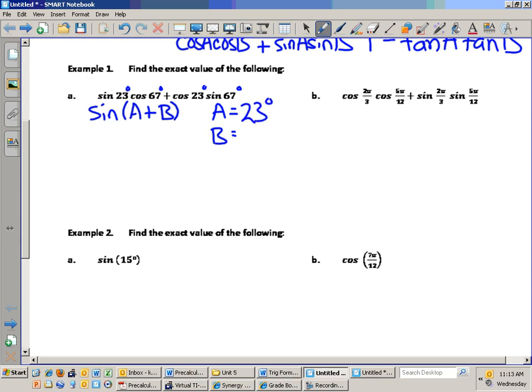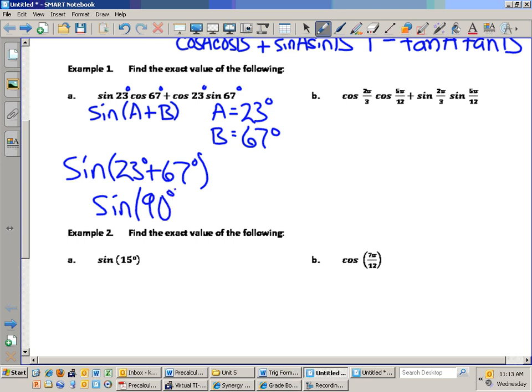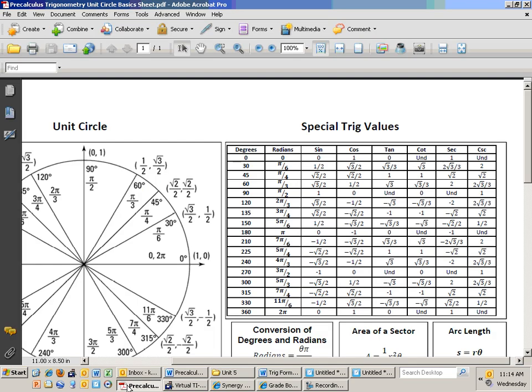What's B? So this really fits this. Sine of 23 degrees plus 67 degrees, which is the sine of 90 degrees, which is 1. Sine of 90 is 1.